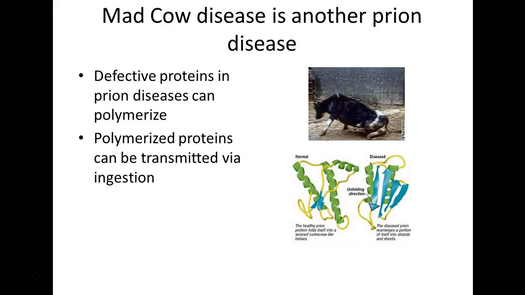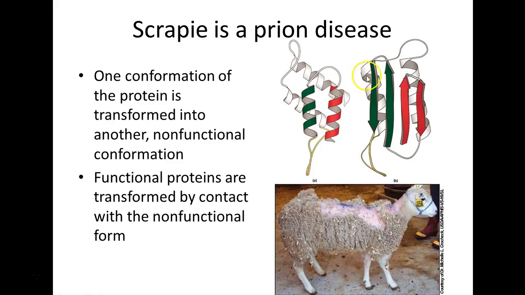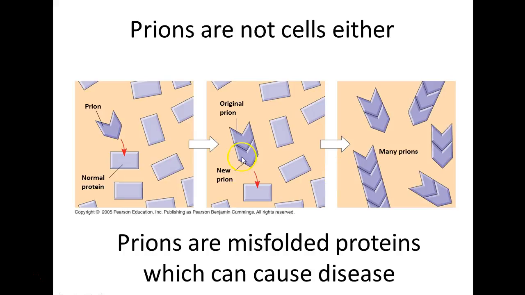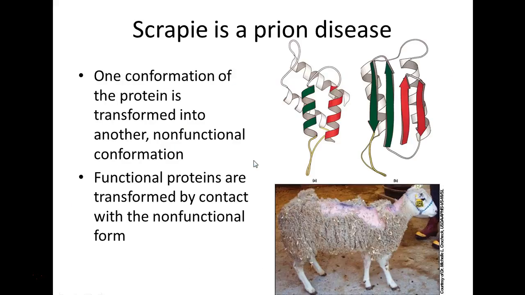Both of these show the normal shape of the protein on the left and the prion protein on the right, and we have secondary structure, alpha helices here, beta sheets here. These two surfaces of beta sheets would allow one surface to stick to the back, another surface to stick to the front, and therefore having the beta sheets allows it to polymerize.